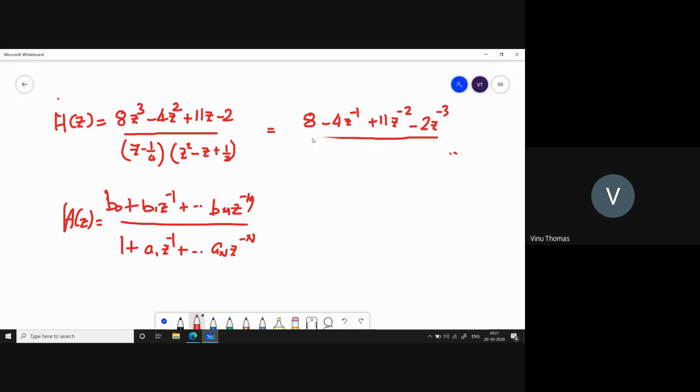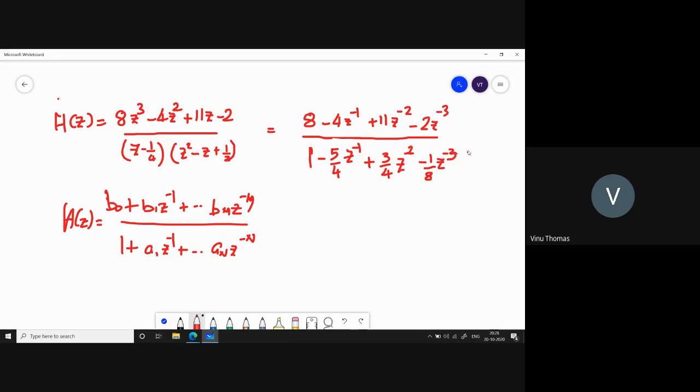So here you have 1 minus 5 by 4 z raised to minus 1 plus 3 by 4 z raised to minus 2 minus 1 by 8 z raised to minus 3.